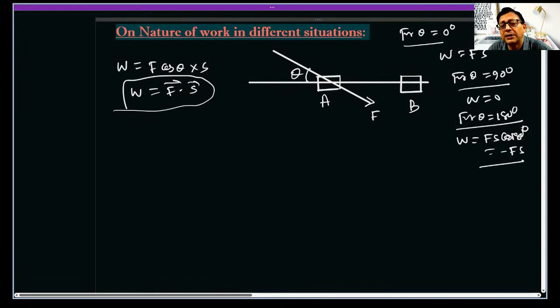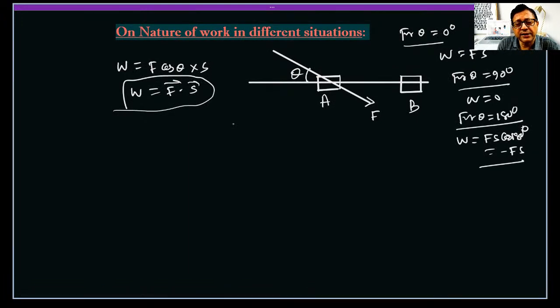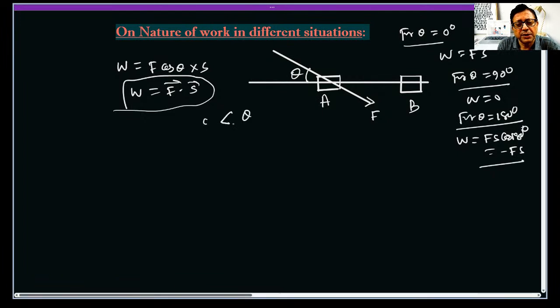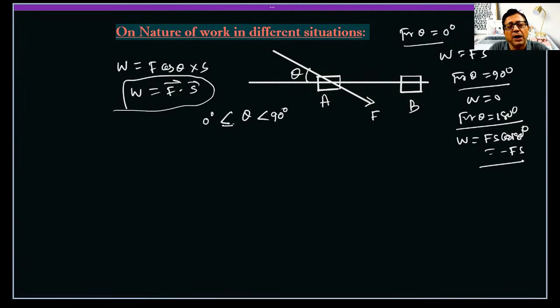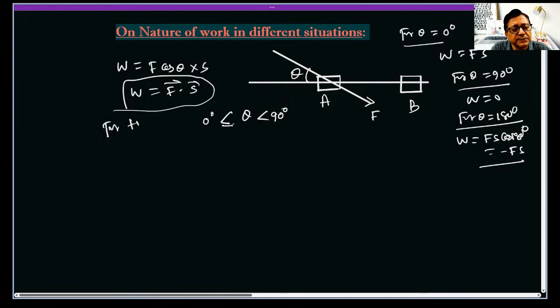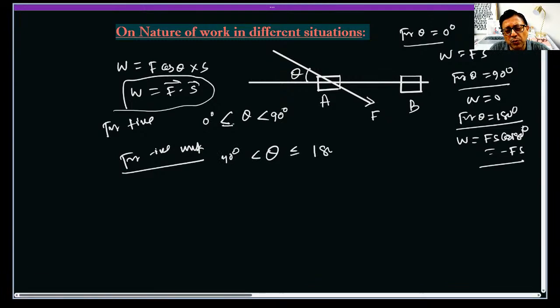For positive work, theta will be greater than or equal to 0 degrees and less than 90 degrees. And for negative work, theta will be greater than 90 degrees, less than or equal to 180 degrees.